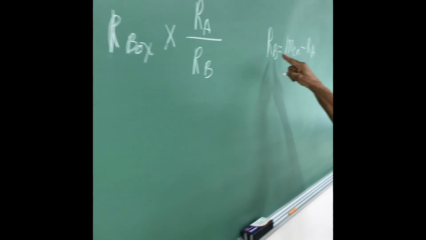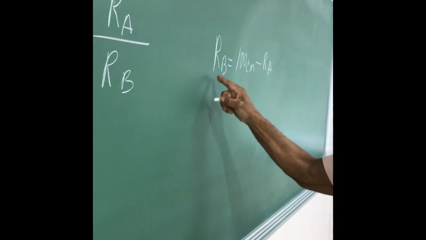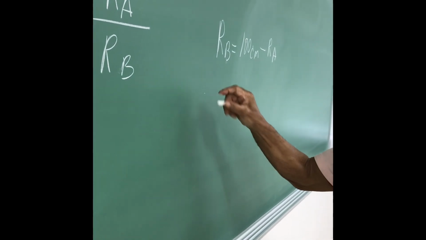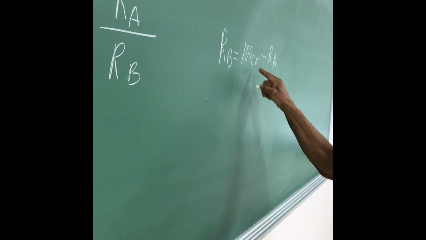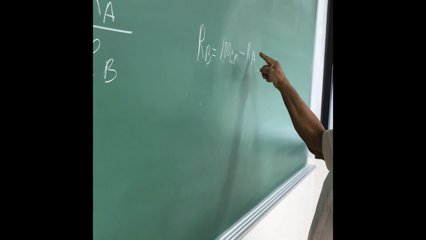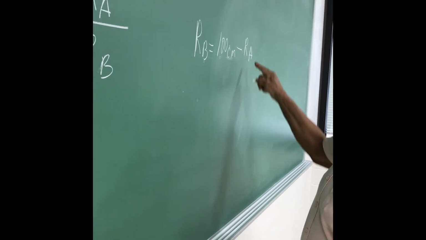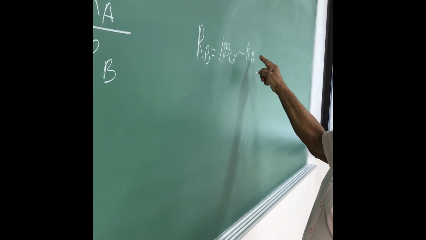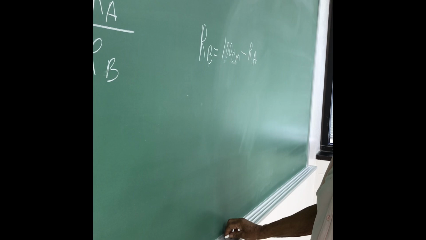And of course, RB is just 100 centimeters, the length of our wire that we're jockeying along, minus RA, the position where we get the voltage at 0.